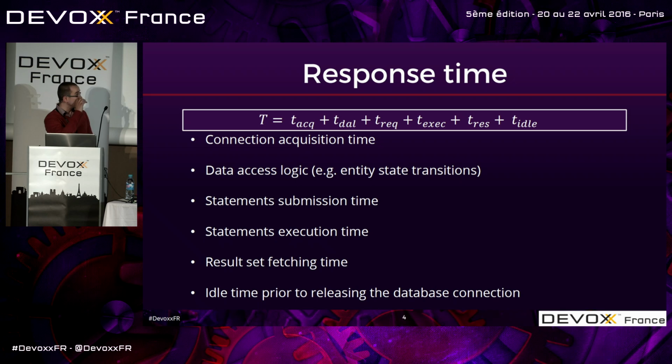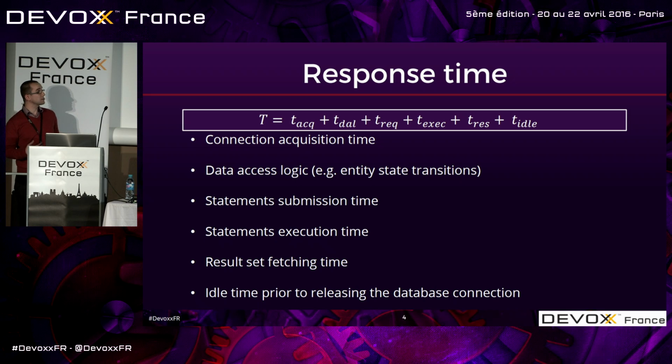Okay, so when I'm talking about high performance, we need to understand that response time is the most important metric, and from a transaction manager point of view, the response time is built out of several subsegments. For example, we have the connection acquisition time, we have the data access logic, which processes or generates statements for us. Then we have the time it takes to send those statements to the database.